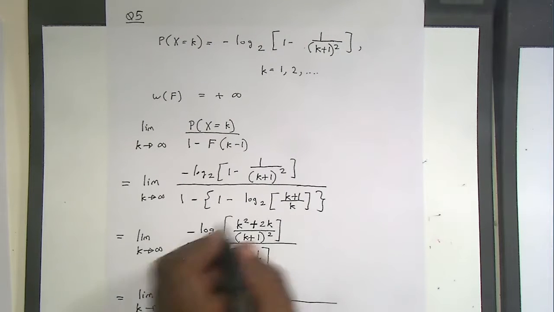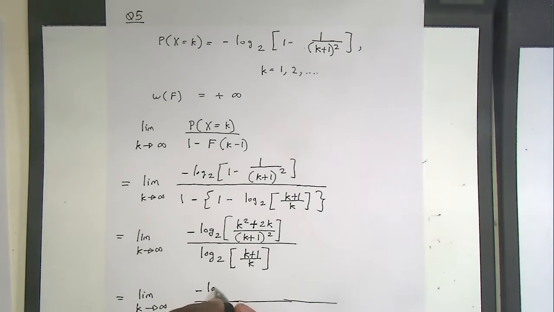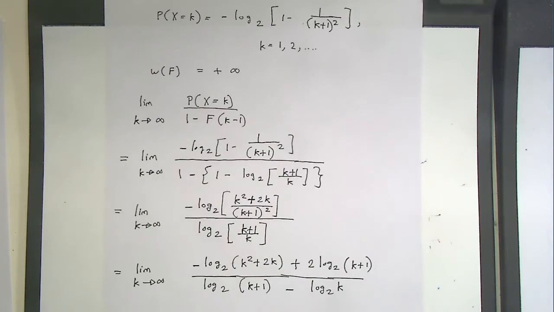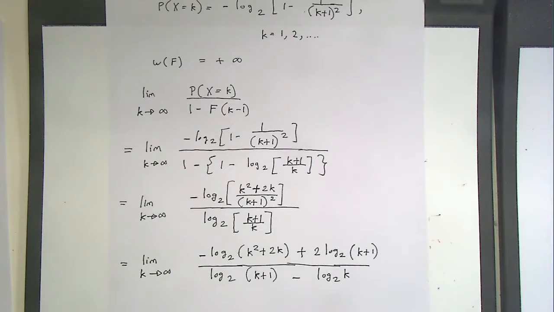So you can write the numerator as minus log... and plus 2 log... and the denominator you can write as log base 2 of k plus 1 minus log base 2 of k. So how did I get from this to this? I just simply used the fact that the log of a quotient is the difference of the logs. I'm sure you know that.